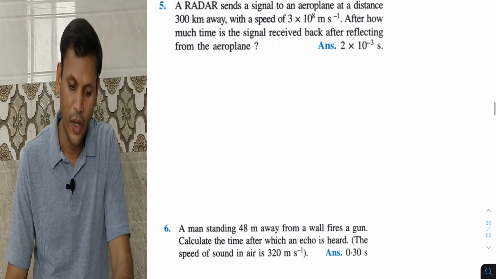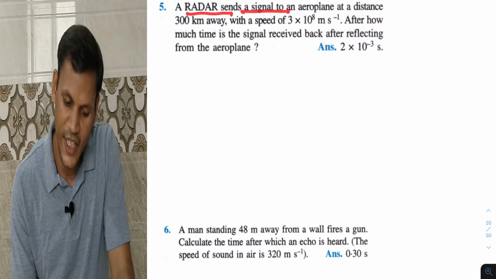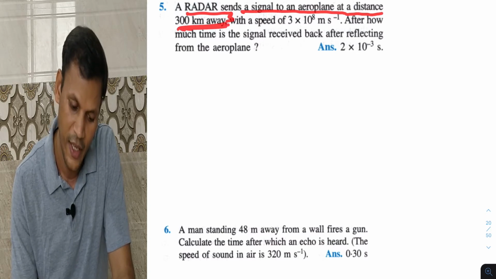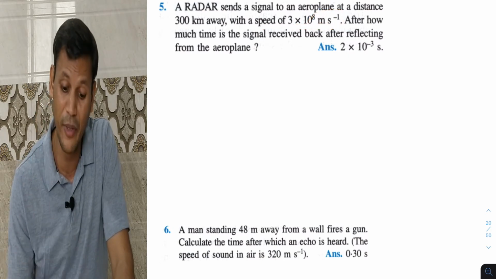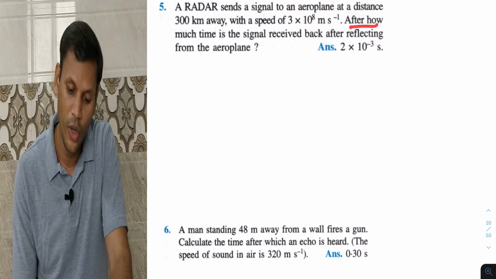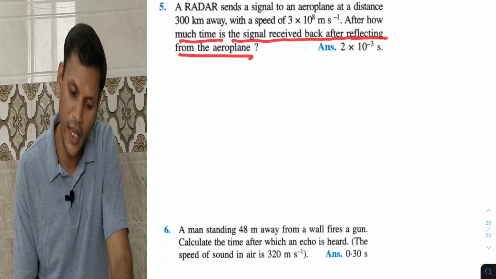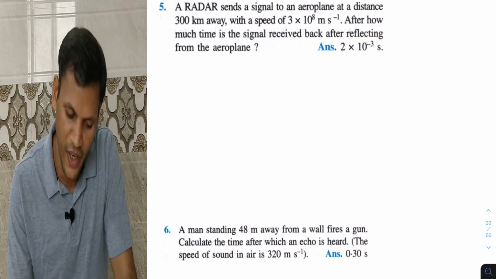Next is question number 5. A radar sends a signal to an aeroplane at a distance of 300 kilometers, and the speed is 3 into 10 raised to 8 meter per second. After how much time is the signal received back after reflecting from the aeroplane? Distance is given, velocity is given, time is to be found out.